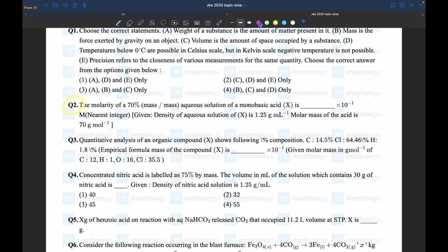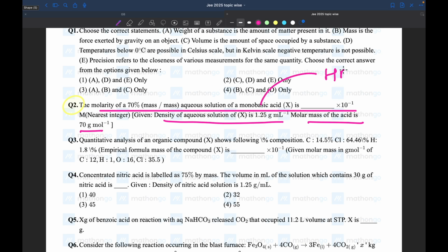Second question: the molarity of a 70% aqueous solution of a monobasic acid is dash into 10 power minus 1. The density of the solution is given, and the molar mass of the acid is given. Monobasic acid means it has only one hydrogen, like HCl. What is the formula? Molarity equals percentage into density into 10 by its molar mass.